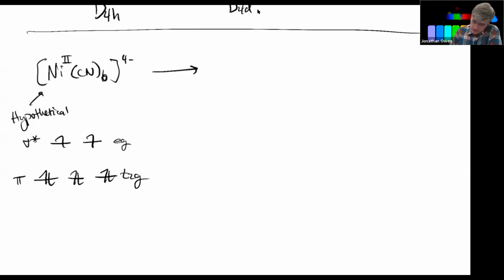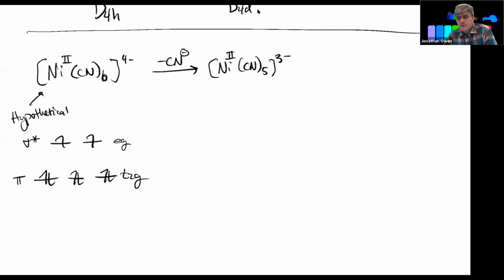So what does it do? It loses a cyanide because it doesn't like that much charge. When a cyanide pops off, there's no change in the oxidation state. We're just losing this anion. You can't go backward.